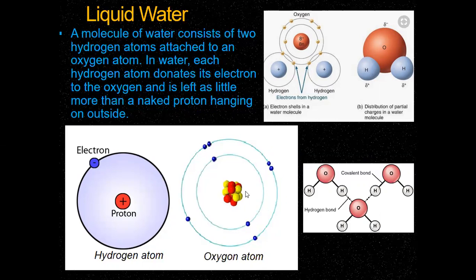In the nucleus we can find 8 protons. As you see, these electrons stay as couples, but the oxygen needs 2 extra electrons to neutralize.